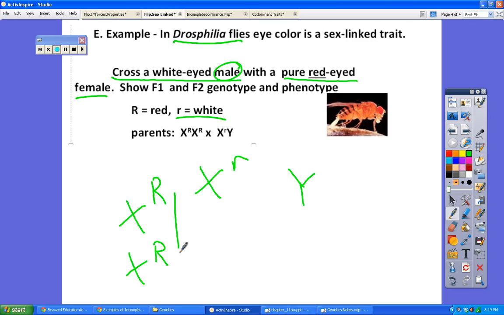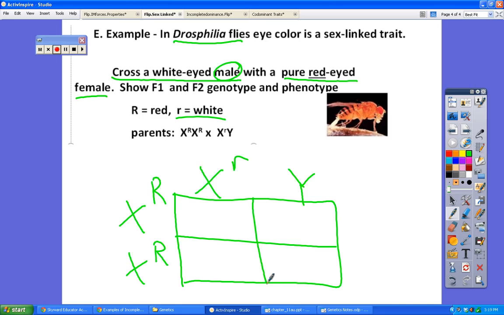So now we start drawing in our Punnett square. And our results, just like we've done before, are as this.